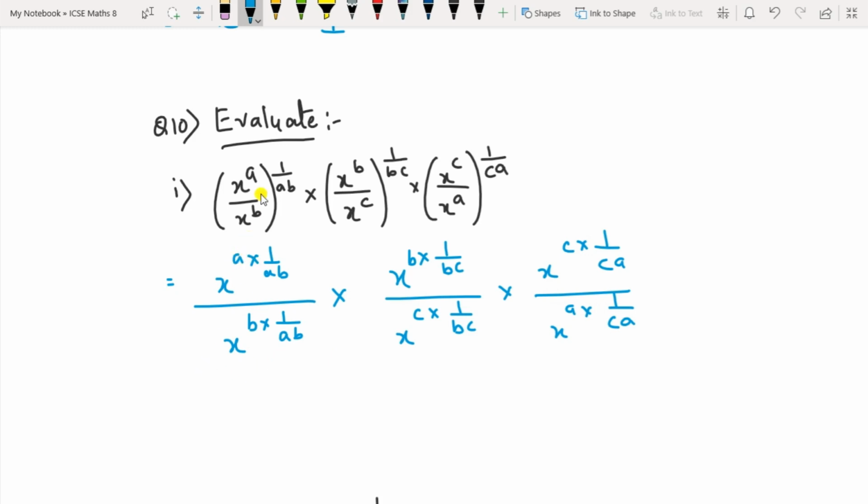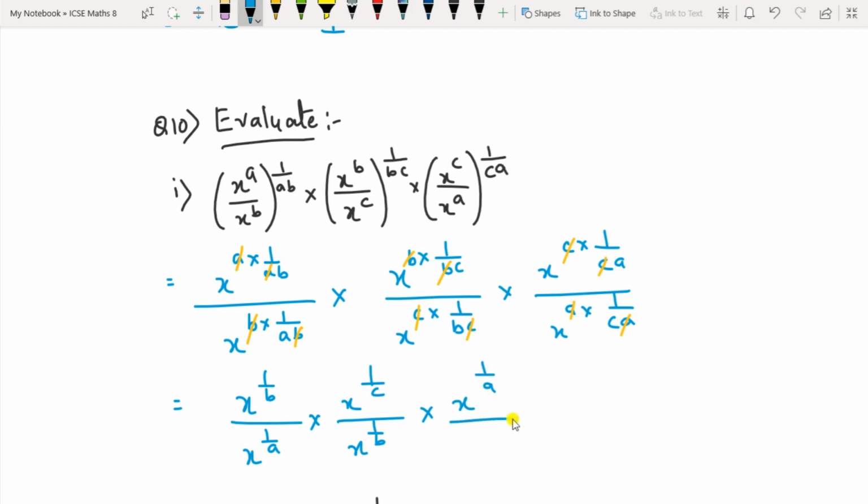Now you can see the a gets cancelled here, b gets cancelled here, also b, here c, and here c, and here a. So what is remaining now? It is x raised to 1 upon b upon x raised to 1 upon a, multiplied by x raised to 1 upon c upon x raised to 1 upon b, into x raised to 1 upon a upon x raised to 1 upon c.